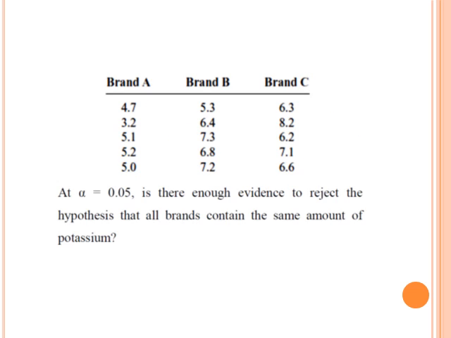Here we have 3 brands, brand A, brand B, and brand C, and these are the values in each brand. At alpha equal to 0.05, is there enough evidence to reject the hypothesis that all brands contain the same amount of potassium?